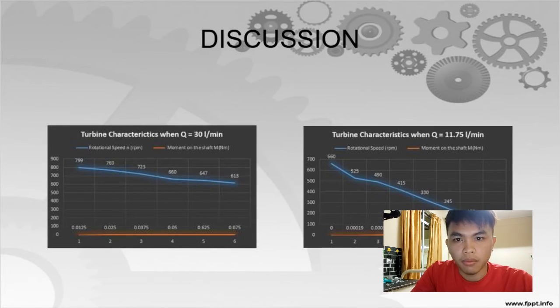From the first graph we can see that where the volume flow rate is 30 liter per minute, the decrease of the rotational speed is slower compared to the second one, where the flow rate is 11.75 liter per minute, and the graph shows that the decrease in rotational speed is very fast.